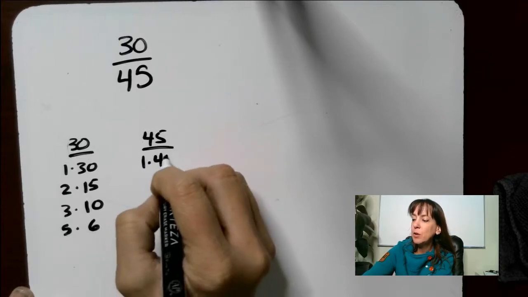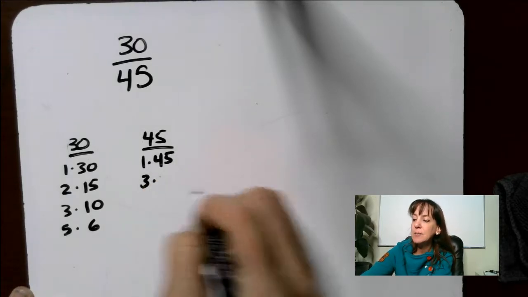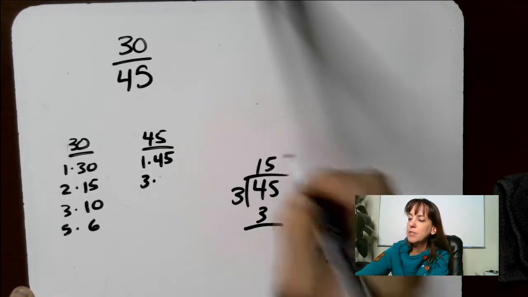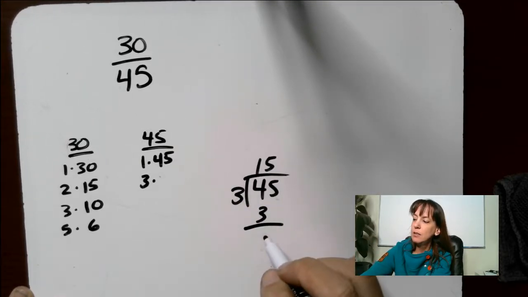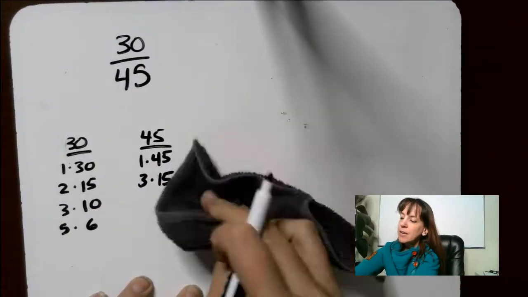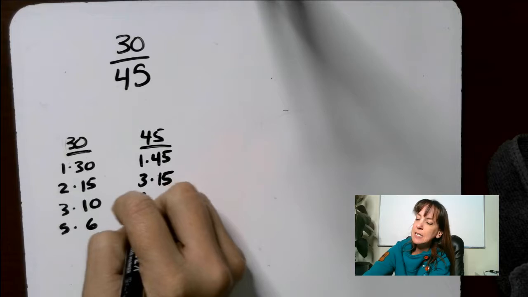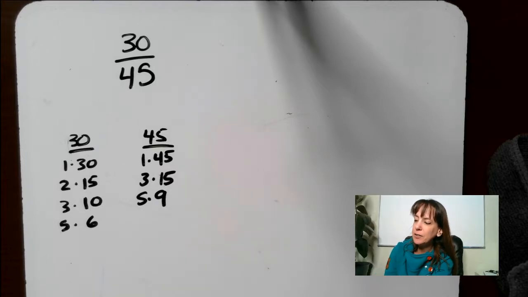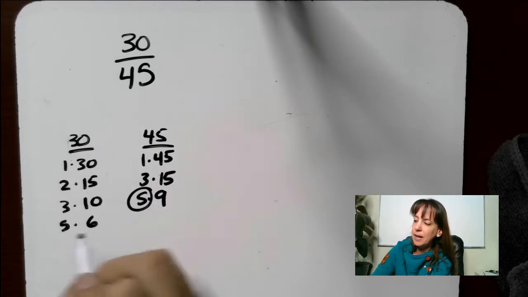For 45, I've got 1 times 45, 3 times 15, and 5 times 9, and 9's already on the board. So our greatest common factor with these guys is 5.